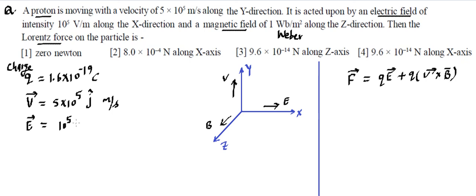But it is in the direction of X, so we can write it as i cap in terms of volt per meter. And finally, we have been given the magnetic field, 1 Weber per meter square, in proper SI unit. It is in the Z direction, so 1 k cap in terms of Weber per meter square.